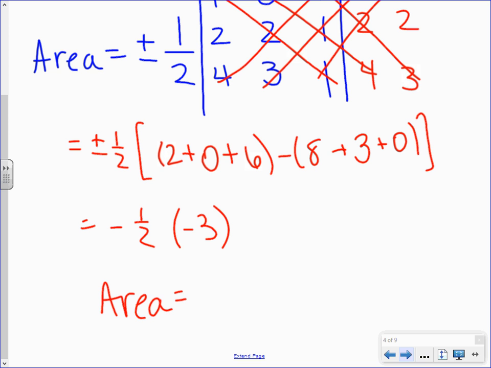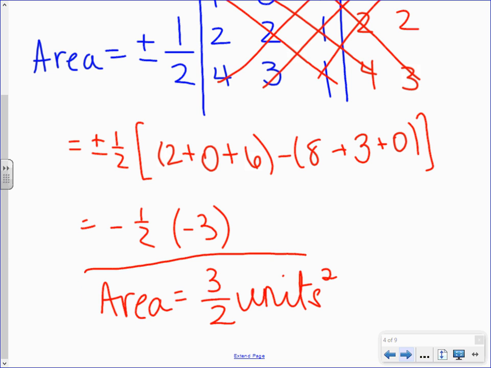So our area is a positive 3/2 square units. If we're talking about area, we're talking about square units. Remember that. Any questions?